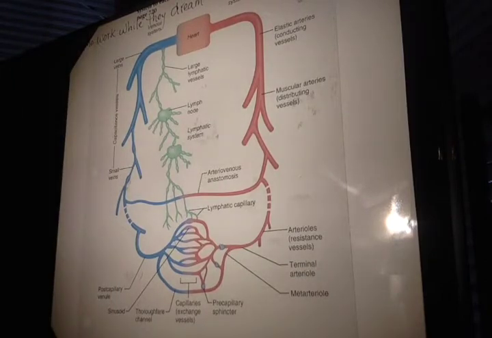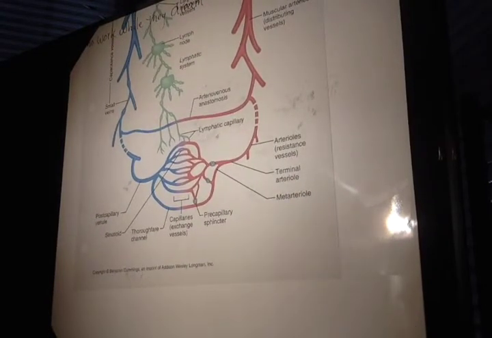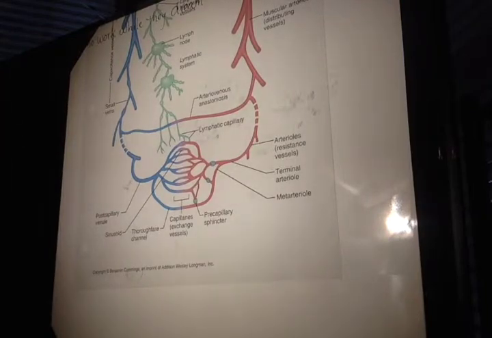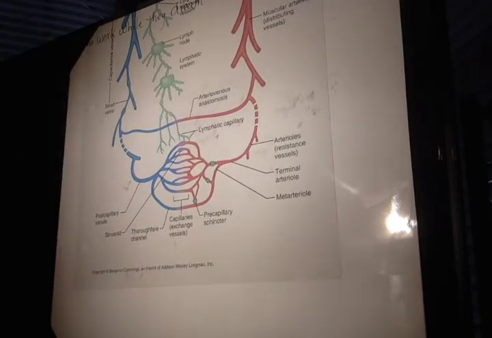They're one of several main ways that your body controls your blood pressure. The arterioles are sort of the gatekeepers for the capillary beds.